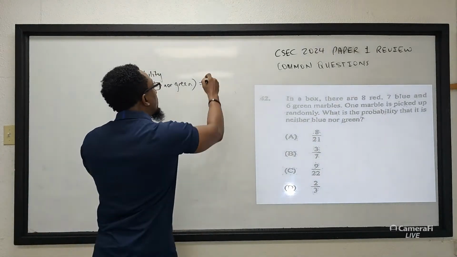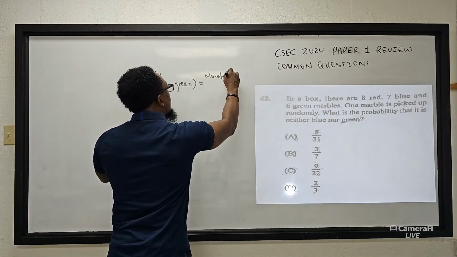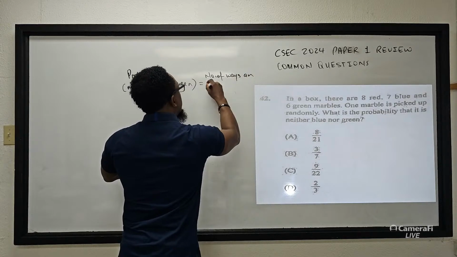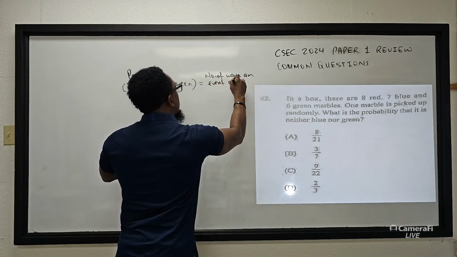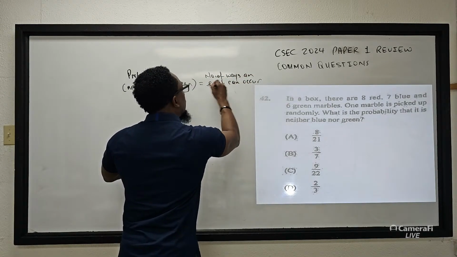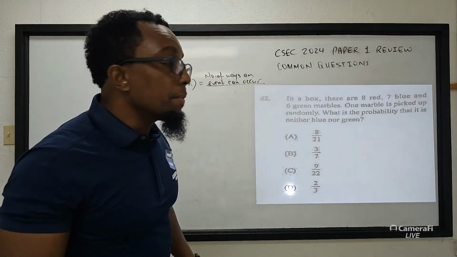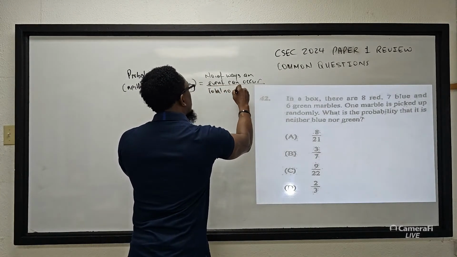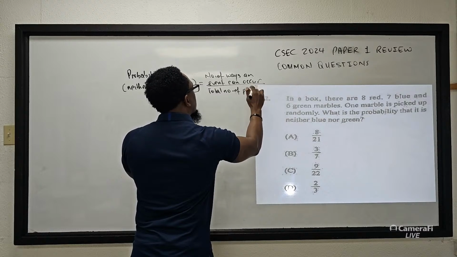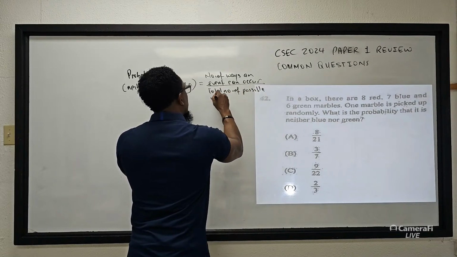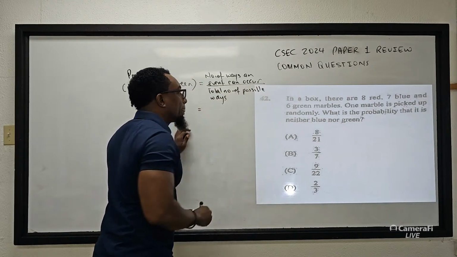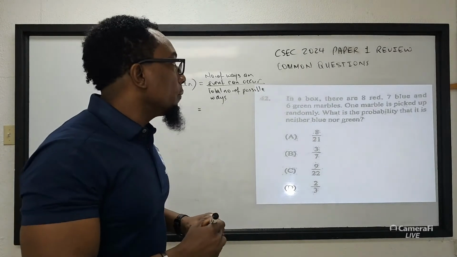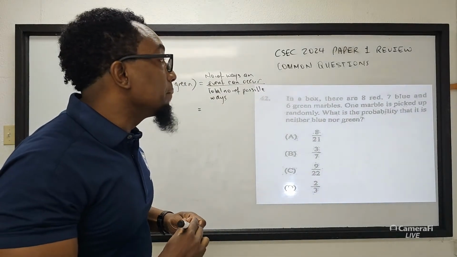It's a number of ways an event can occur over the total number of possible ways. Good? So what's the probability that it is neither blue nor green?